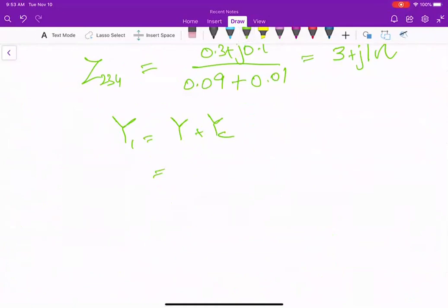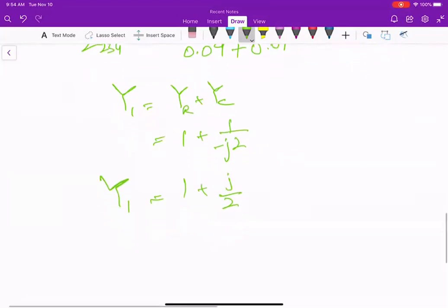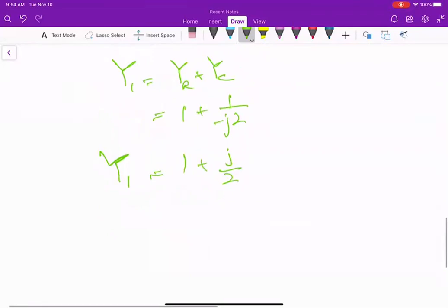So what I'm saying is this is R. So Y1 is 1 plus 1 over minus j2, which will become, or just a minute, we can also write it like this, or it could be 1 plus j0.5 as well.